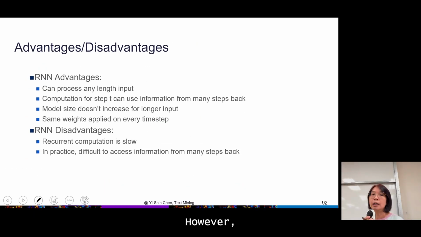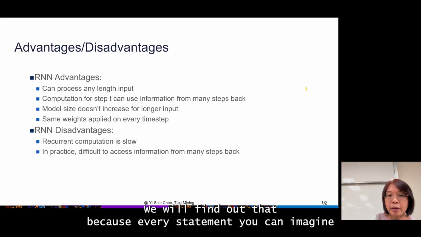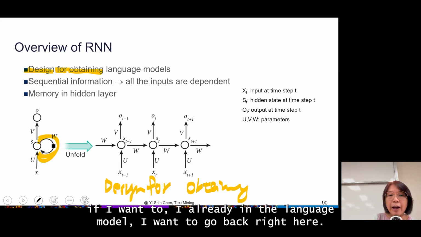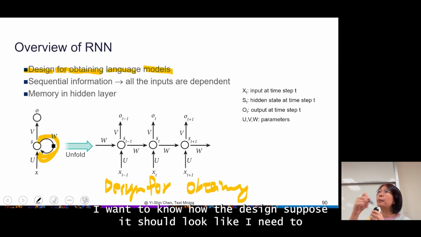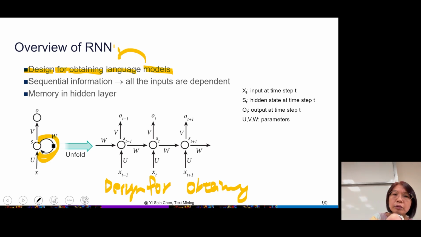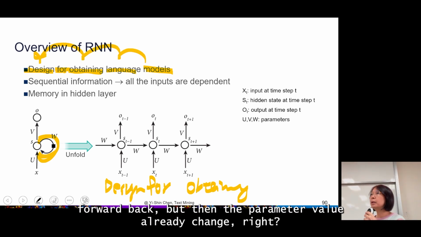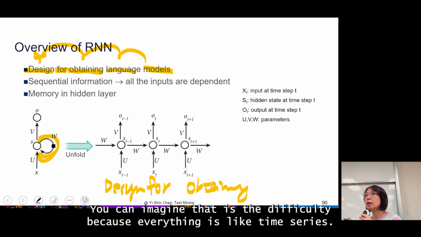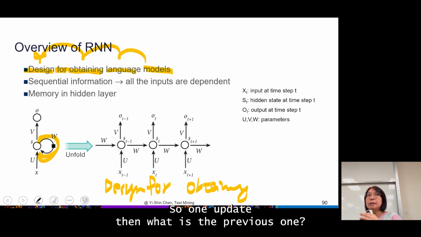However, in practice we find out that there is a difficulty. Imagine I'm already in the language model and want to go back right here. I want to know how "design" should look. I need to go backward, but then the parameter values have already changed, right? That is the difficulty, because everything is like a time series, so when you update them, what is the previous one?